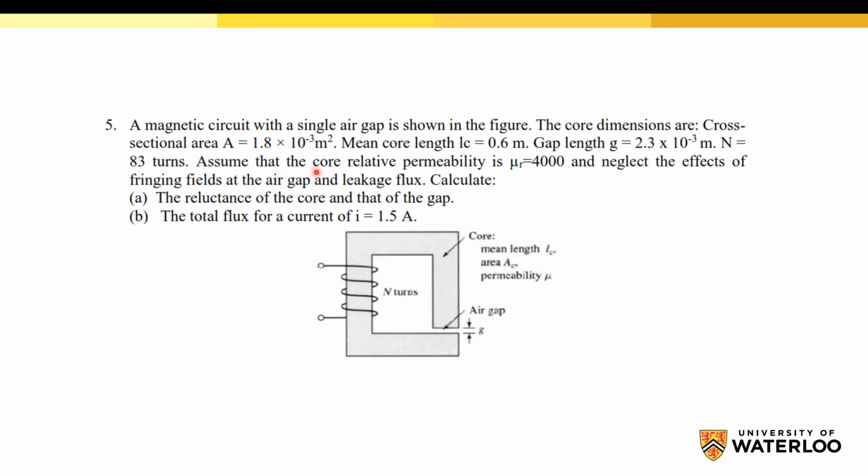Assume that the core relative permeability is also given. Neglect the effect of fringing field and the leakage flux. Calculate first the reluctance of the core and that of the air gap, and the total flux for a current of 1.5 amp. So in order to solve this question, we need first to draw the equivalent circuit.